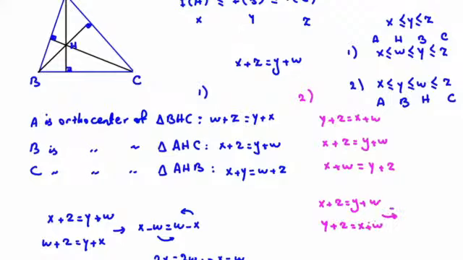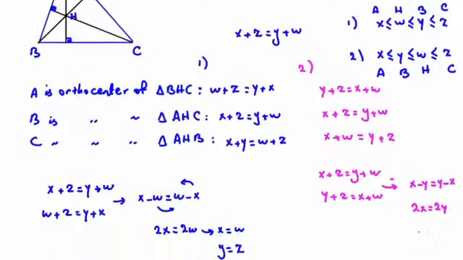If we subtract, then we can say that X minus Y equal to Y minus X. So here we conclude 2X equal to 2Y, so X equal to Y. And because X equal to Y, then this equal to this, Z also should be equal to W here.